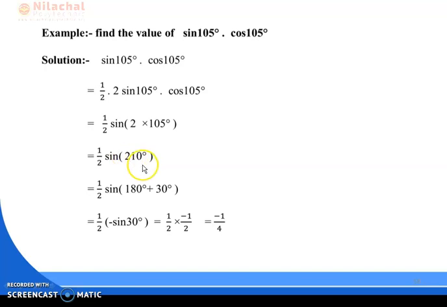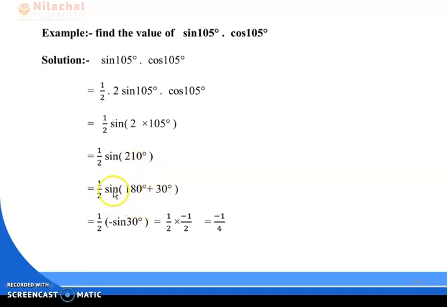You know that 210 degree equals 180 degree plus 30 degree. You convert it by the principle of 90 degree plus something, 180 degree plus something, or 360 degree plus something, or subtraction or addition of something. So in this rule we convert it into an acute angle. So 210 degree equals 180 degree plus 30 degree. So just substitute 180 degree plus 30 degree for 210 degree.